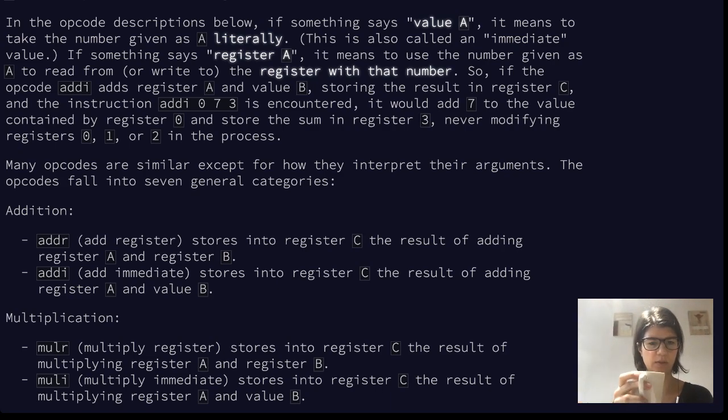The opcodes fall into 7 general categories. Okay, addr, add register, stores into register C the result of adding register A and register B. Addi, add immediate, stores into register C the result of adding register A and value B. Okay, so the first one is the register, the second is the value.